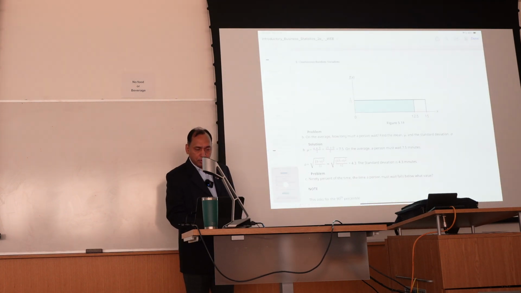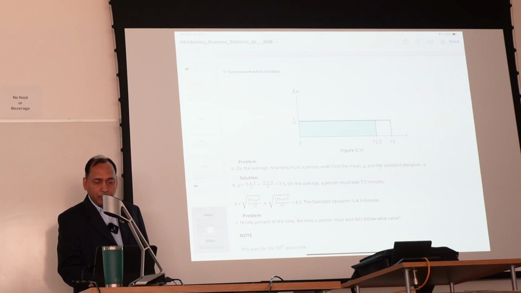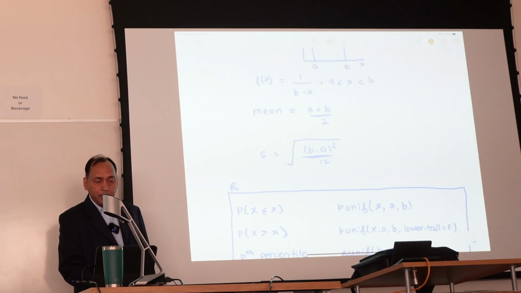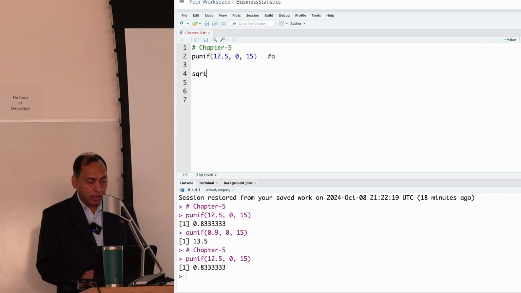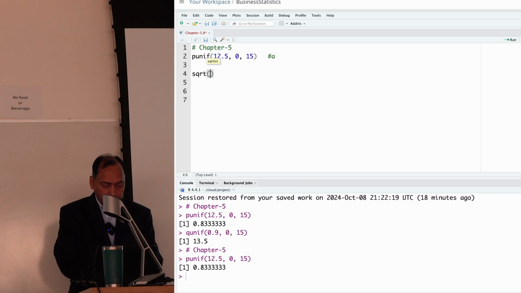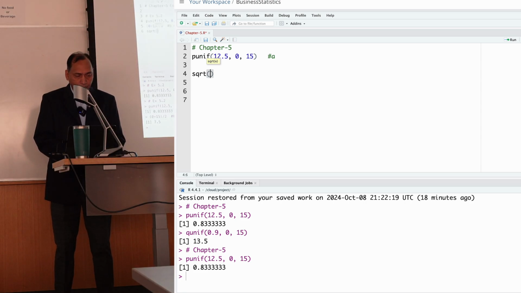So that's how you get average of 7.5. So average is 7.5, and what is standard deviation? Once again, standard deviation is given by square root of b minus a whole square by 12. And for standard deviation, we saw the formula is square root of b minus a whole square.